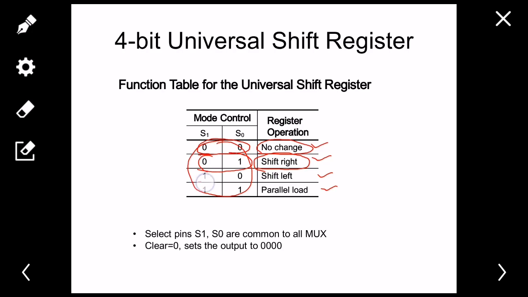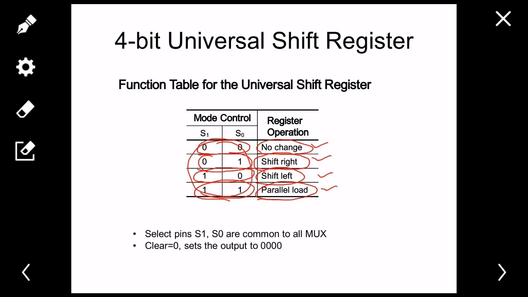When I give 1 0 as input, it will act as a left shift register. And when I give 1 1 as input, it will load the data at its input, so the input will go towards the output. Okay, so these are the basic operations we will be trying to implement in a 4-bit universal shift register.